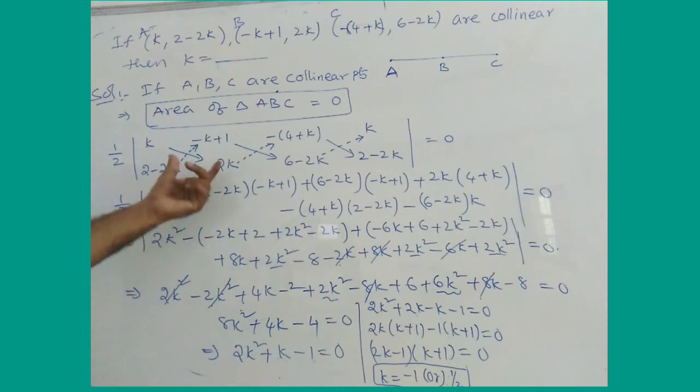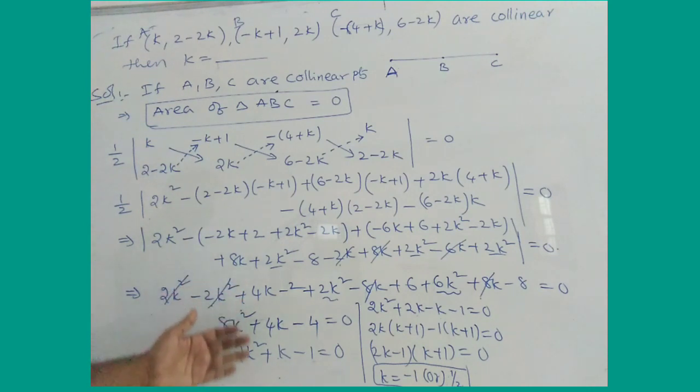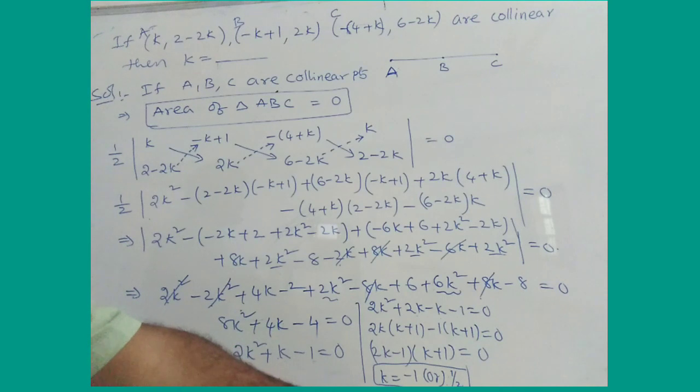So let's find the area, equate it to 0, and finally solve for k. Hence the value of k is minus 1 or 1/2. Okay. Thank you.